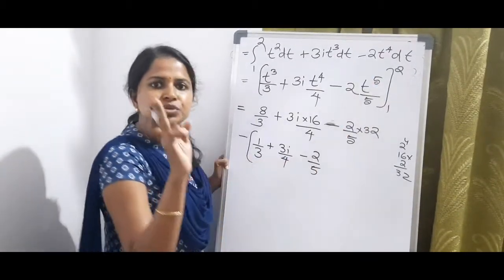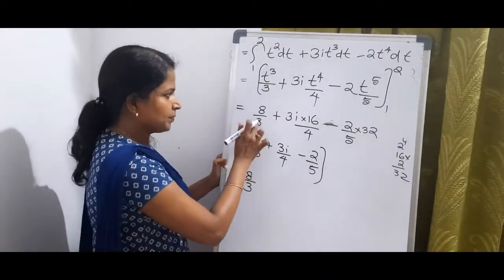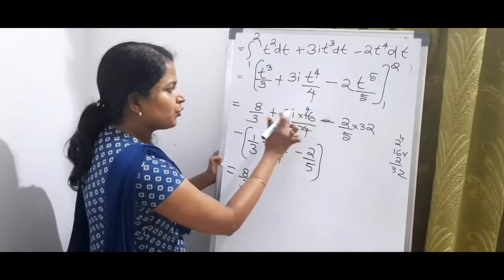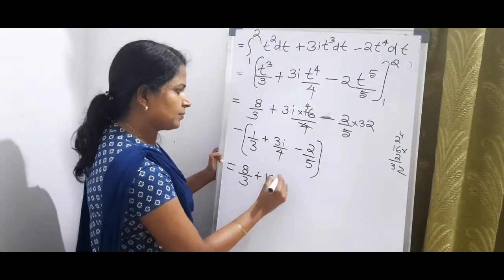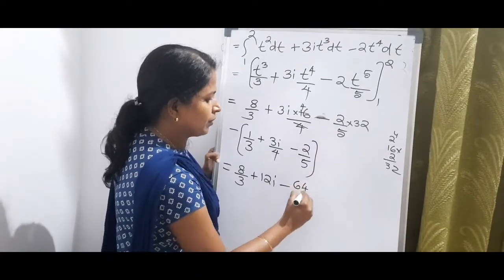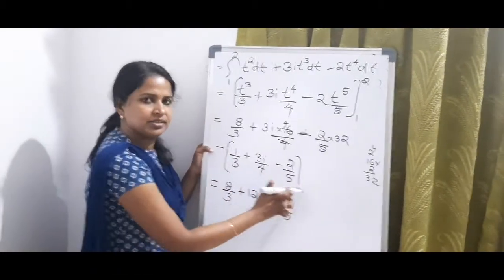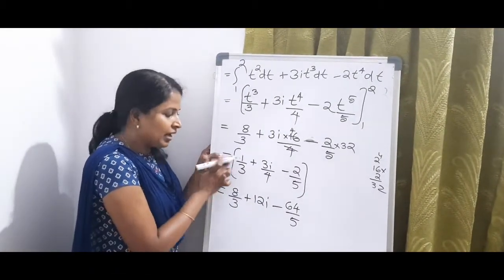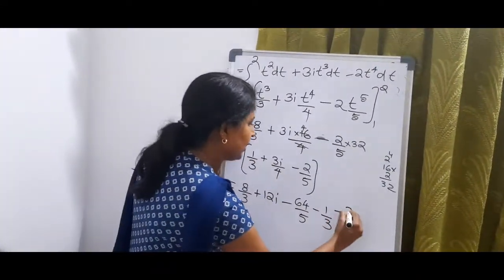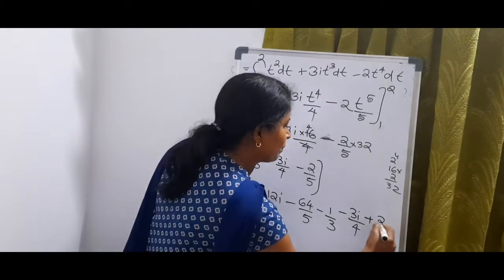That is 8 by 3, plus 3i into 4, which is 12i, minus 64 by 5. Minus of lower limit, open the bracket: minus 1 by 3, minus 3i by 4, plus 2 by 5.